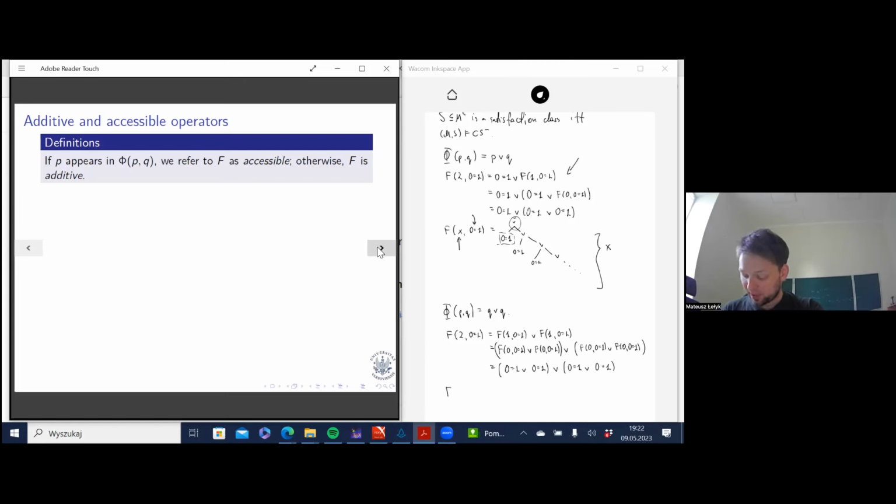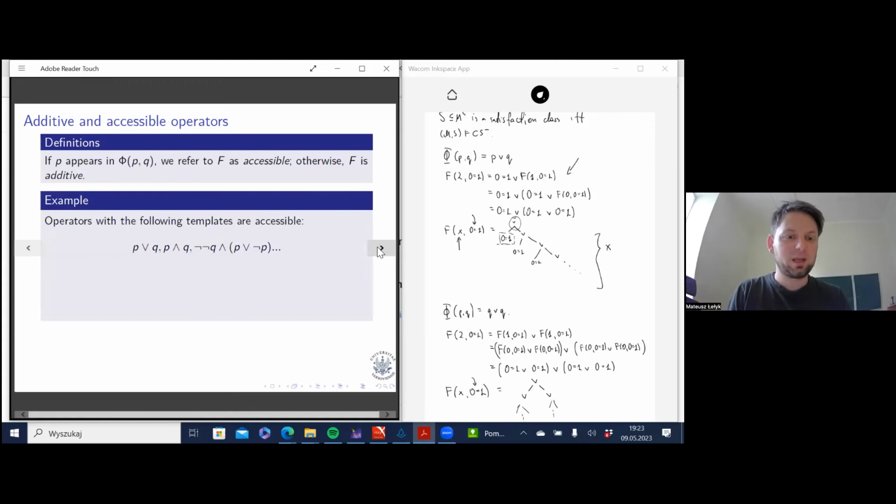This time, if you take a large number x and you start iterating this procedure, then this formula looks like this. In particular, you will be able to access this sentence 0 equals 1 only at level x. And this is a crucial difference between the accessible and additive cases. So the operators with the following templates are accessible.